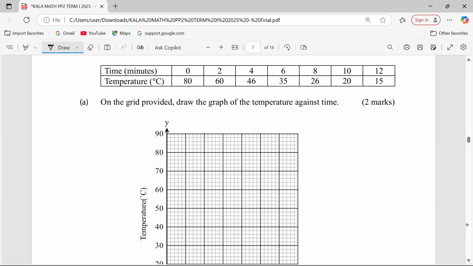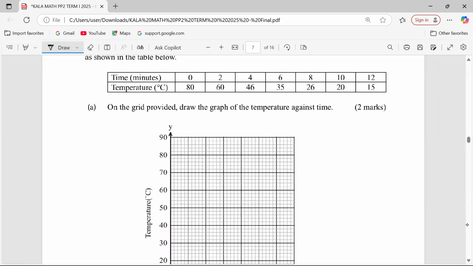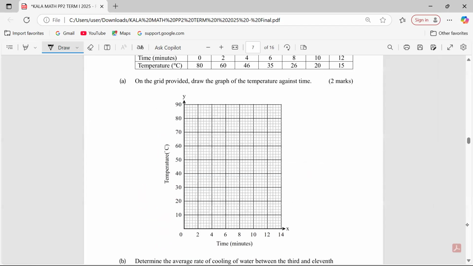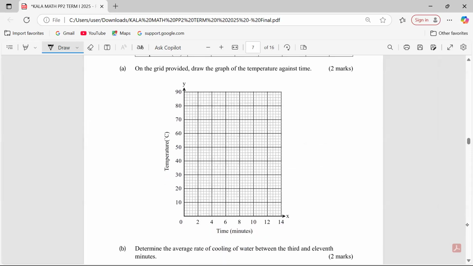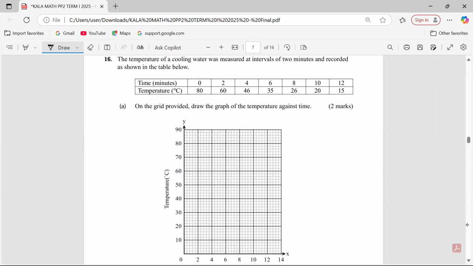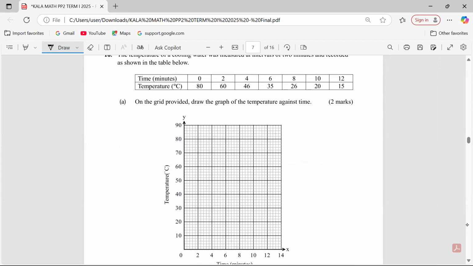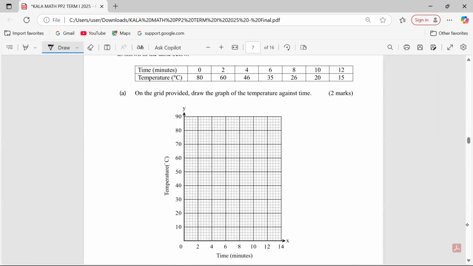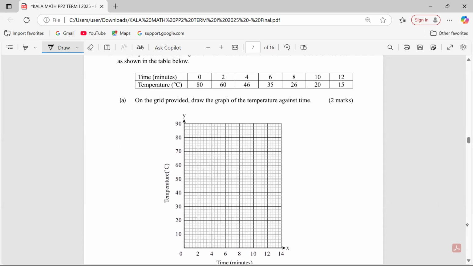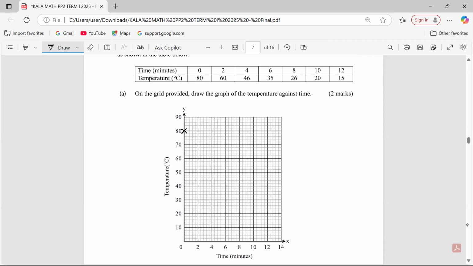Temperature against time. Remember, the axis has already been drawn and labeled for us. Ours is just to plot. So 0, 80. That is the coordinate. Then 2, 60. Then we have 4, 46.